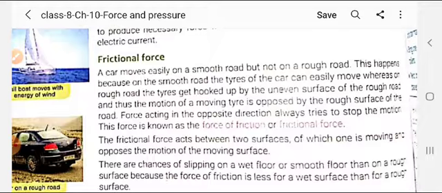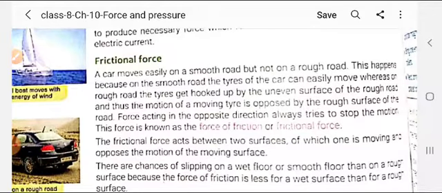The upper surface of the road and the outer surface of the tire both contain friction, and when force was applied by the cycle, these two frictions came in contact and created a force to stop that moving body. This force could only be activated when both surfaces come in contact.